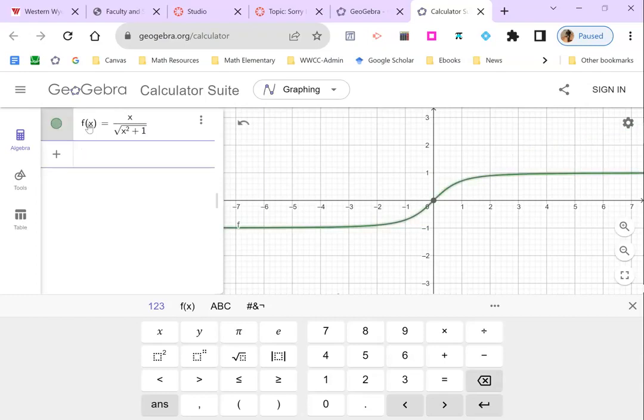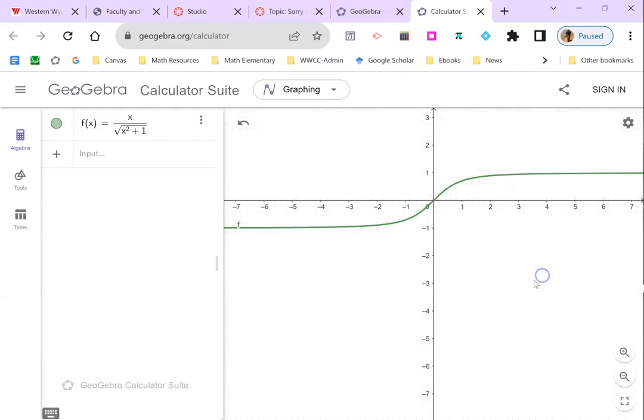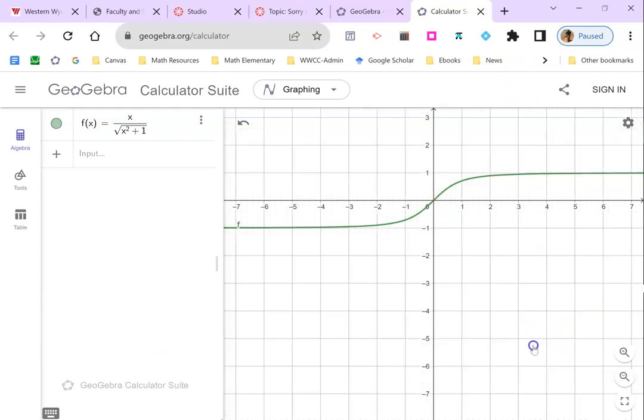And now what did we say the limit was as x went to infinity? Oh, let me turn this grid off. Or let me just go major grid lines. A little better. We said as x went to infinity, what was the function looking like it was going to? 1, right?